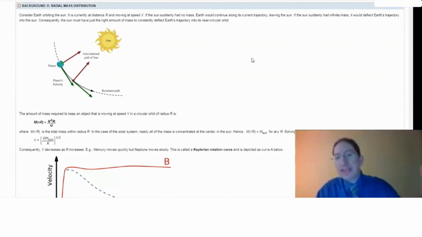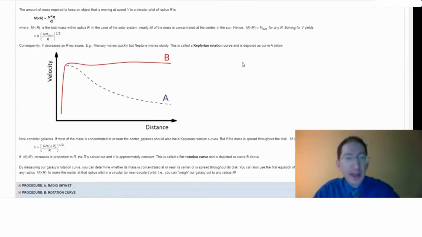So the fact that we continue to orbit in a circle depends upon the mass of the Sun being the mass that it is. Or to turn this around, if you were orbiting something at a certain distance and at a certain speed, how much mass has to be there for you to be orbiting in a circular fashion? Well, this is something that Newton figured out, and it's given by this equation here.